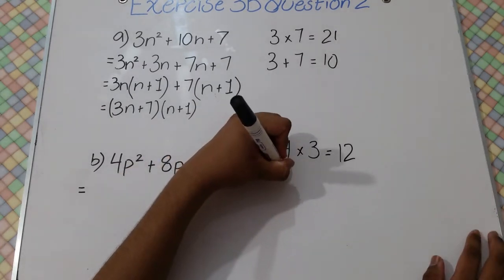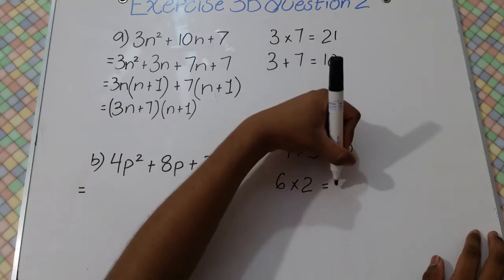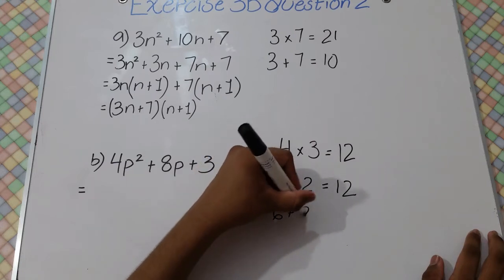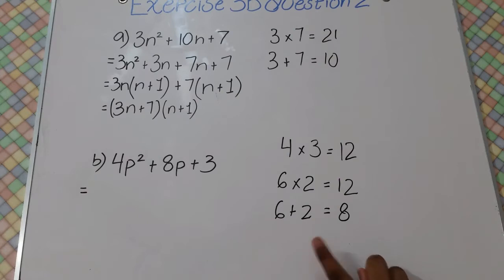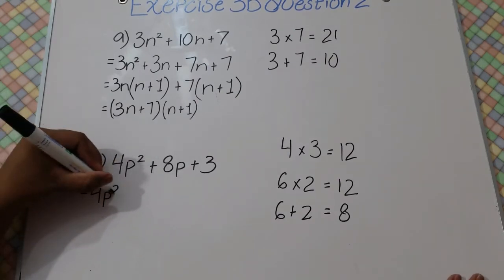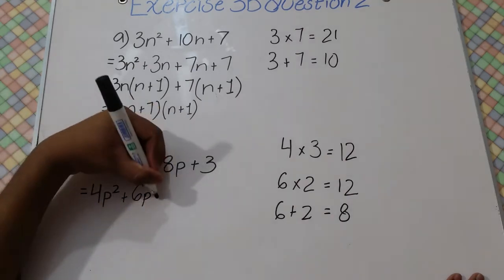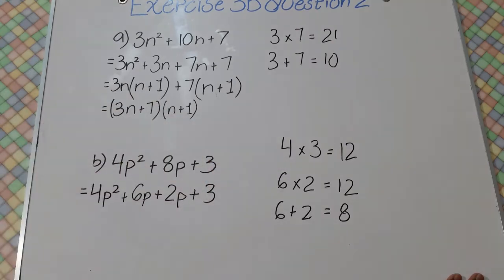If we multiply 6 with 2, it is 12, and if we add 6 and 2, it is 8. So I think this is the perfect middle term for it. So 4p square plus 6p plus 2p plus 3.